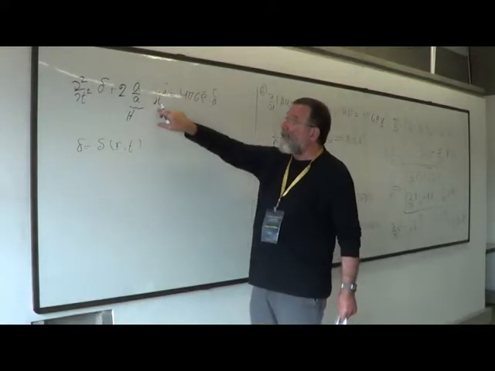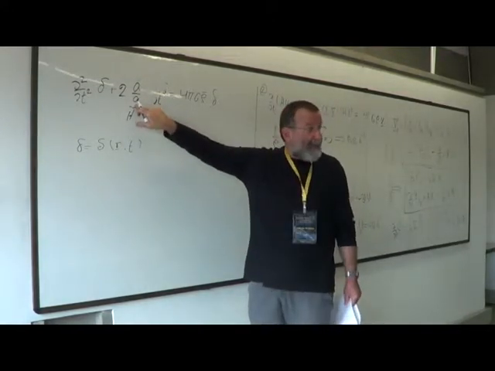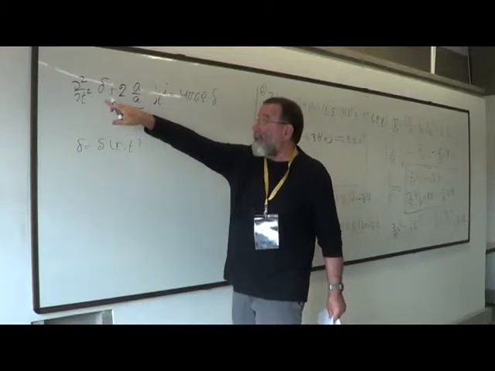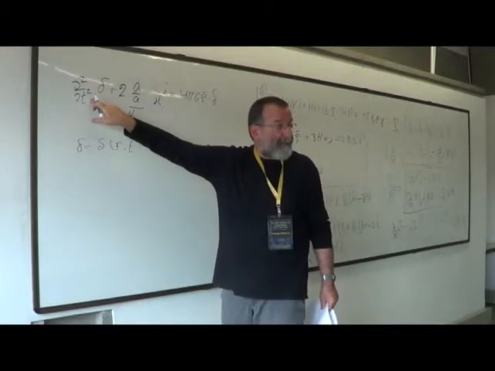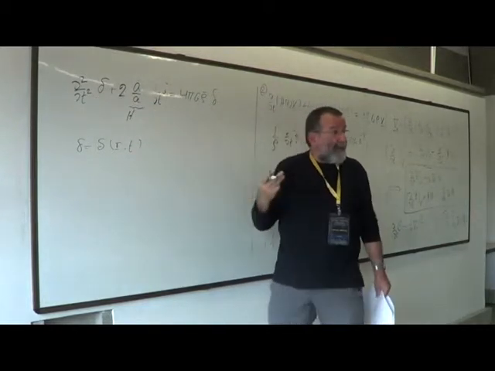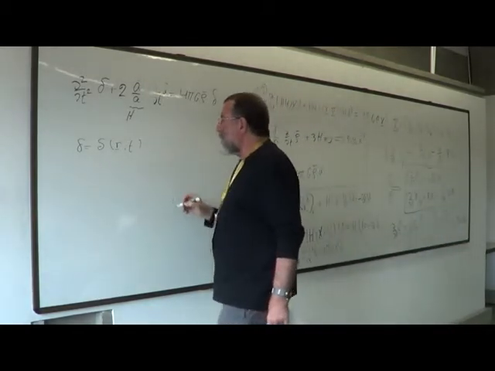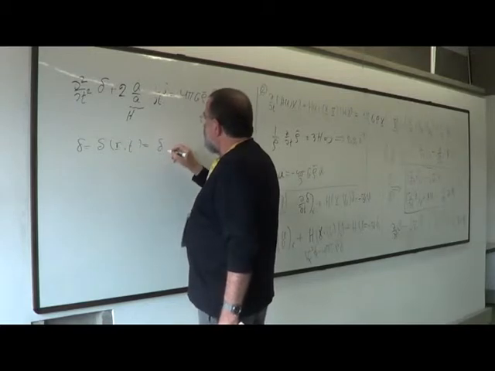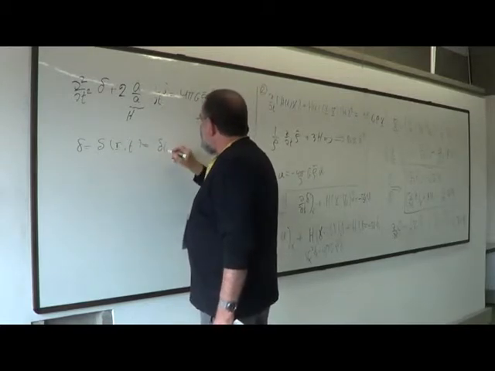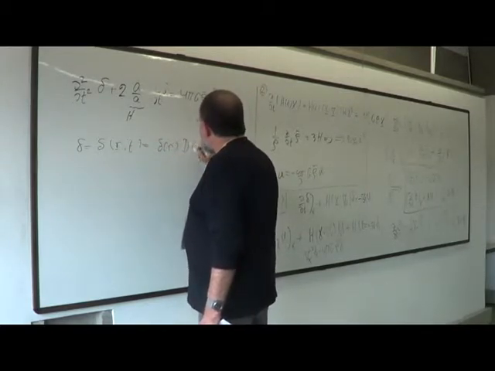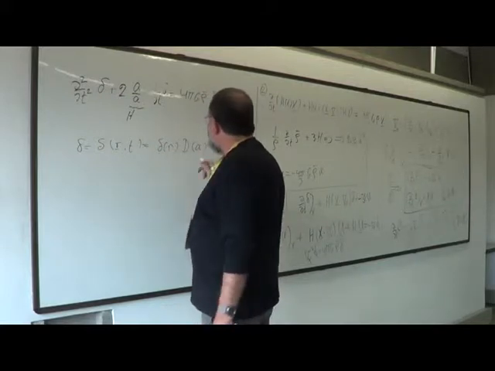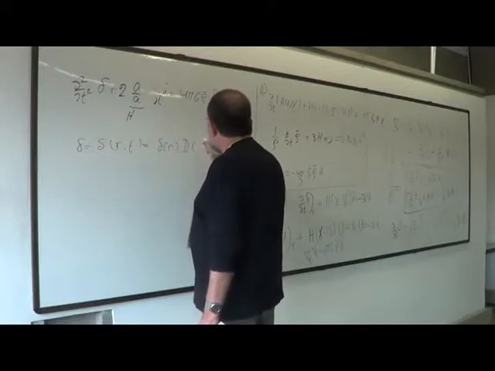Here we have a time derivative, and again a function of time only. And here it's only the second time derivative. So again, we don't have any specific R dependence. So we can write the equation as some delta of R times a function of time.